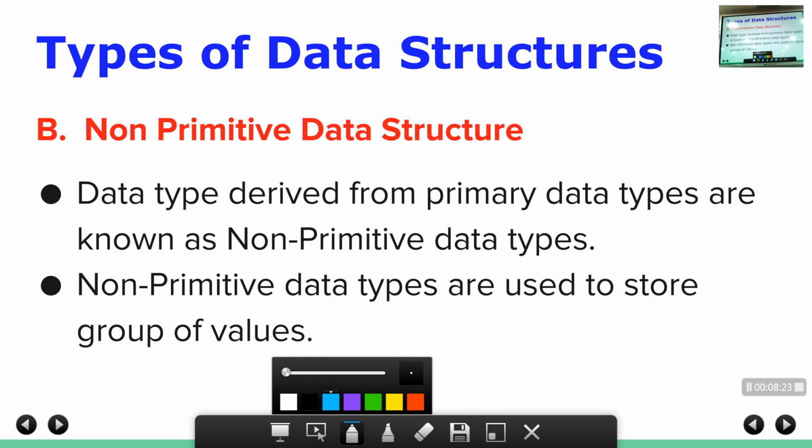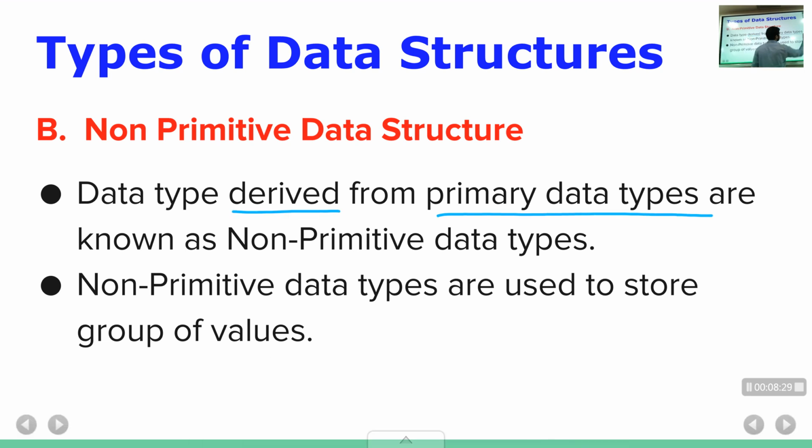Next definition, non-primitive data structures. These are derived from the primitive data structures, and they are used to store a group of values. Primitive data structures store single values, and non-primitive data structures are used to store a group of values.